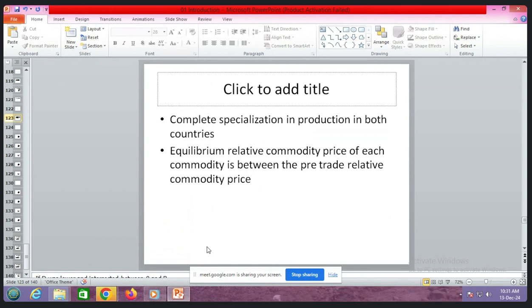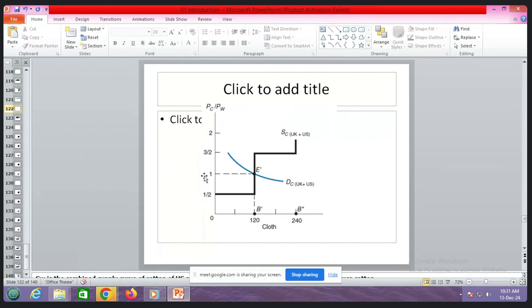So finally, when we want to achieve the equilibrium, we are saying that complete specialization is going to take place. And any price which is above or below this, okay, is going to pass on the advantage to only one country, and therefore the price is going to increase or decrease based on demand and supply.